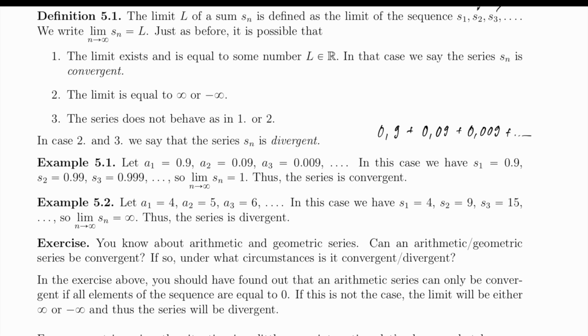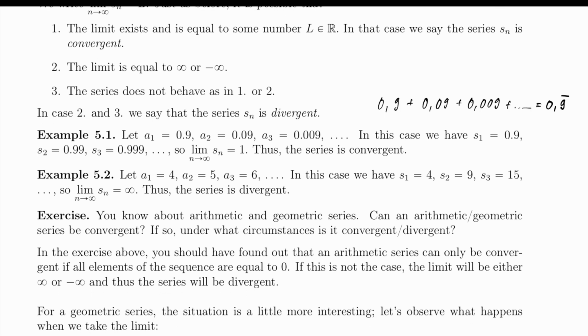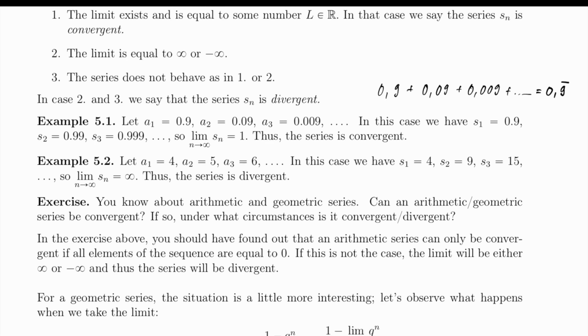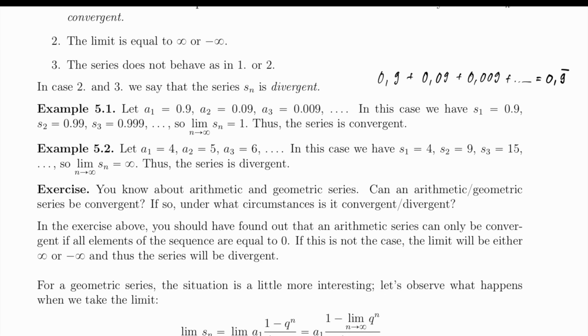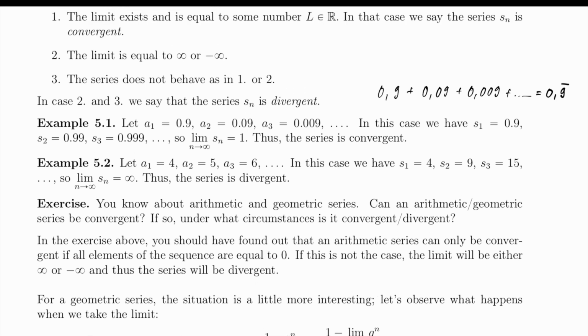You might already recognize that if you sum that up, this is 0.9 repeating infinitely, and the limit is 1, because 0.9 repeating is the same as 1. Why? Well, we're going to give an argument in a moment using a geometric series.